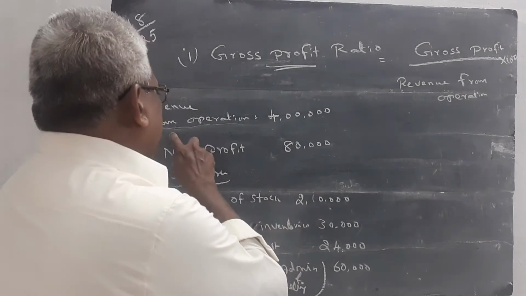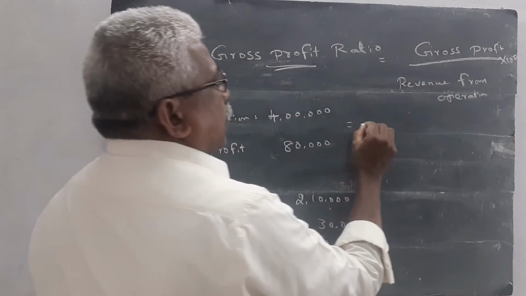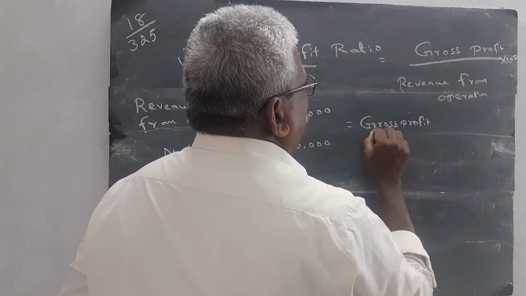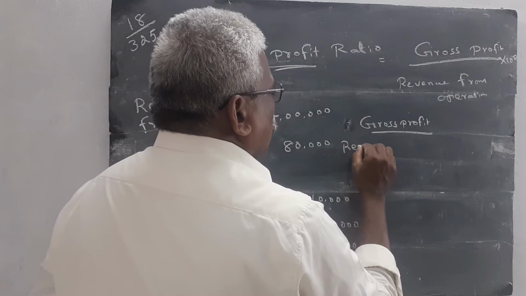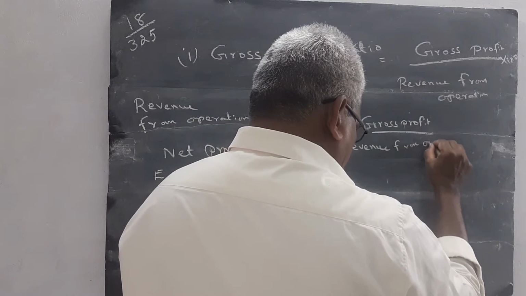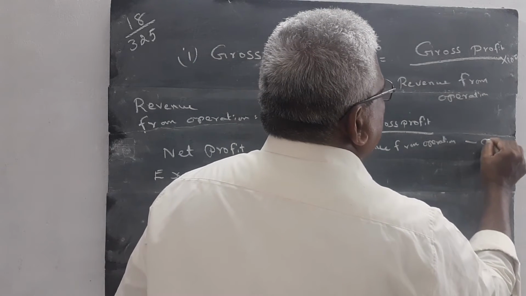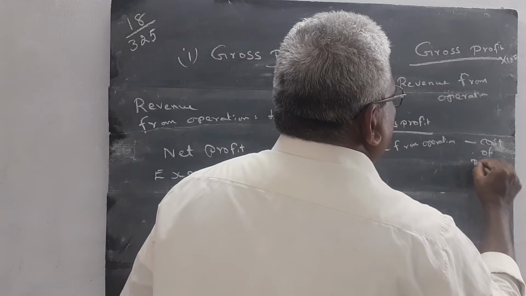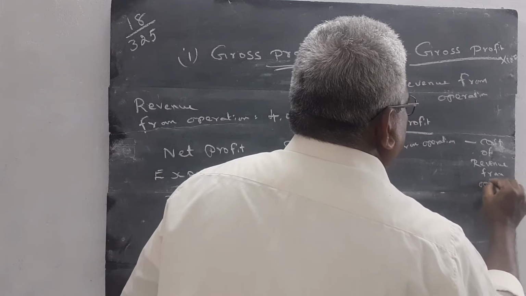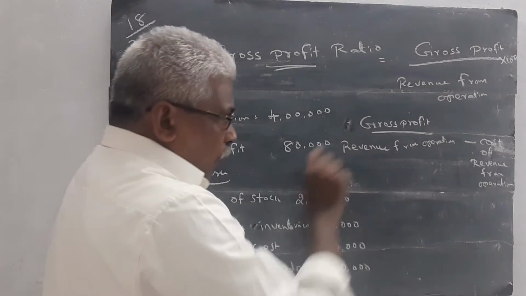First step, revenue from operation is 4 lakh, given in the question. Then, gross profit.